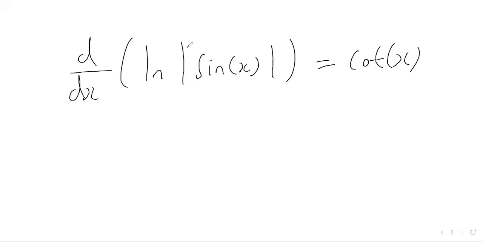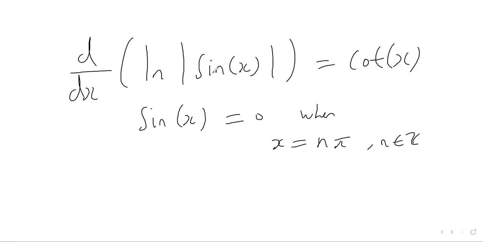The absolute value inside the log function needs to be positive, but of course it is positive, apart from when sine of x is equal to 0. So when is sine of x equal to 0? Sine of x equals 0 when x is a multiple of pi, so when x equals n times pi, where n is an integer.